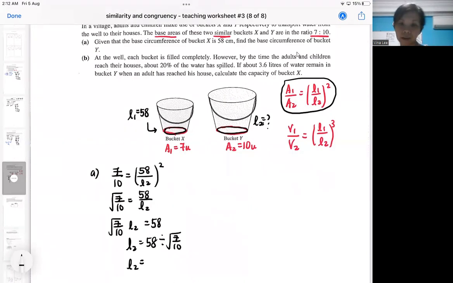This is the real circumference because 58 is the real circumference of bucket X. So I need to multiply, I need to divide. I'll get 69.3 centimeter.